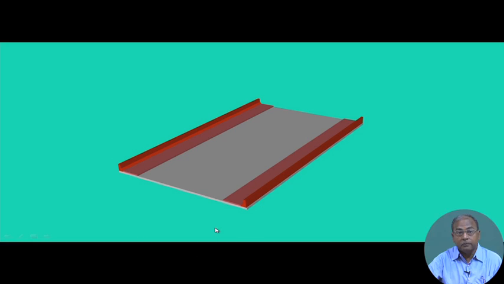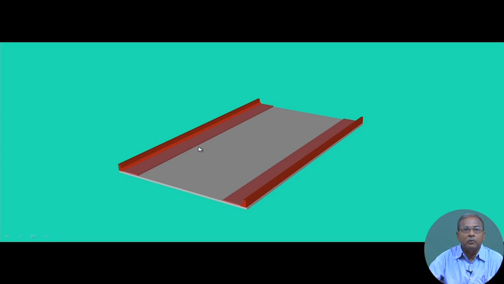Whenever we use a bridge, we only see the top portion of the bridge. If we consider road bridges, this is the deck part. We have a footpath, which may be on both sides, and a crash barrier.